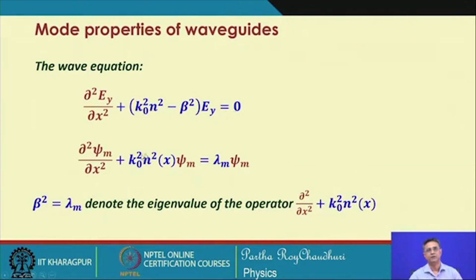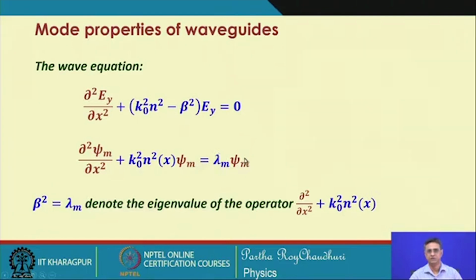and so if we consider the mth mode, we can write the mode by writing this psi m as the mode designation, then d square psi m by dx square plus k0 square n square psi m will be equal to lambda m. This lambda m, which represents beta square, is the eigenvalue of this eigenvalue equation.